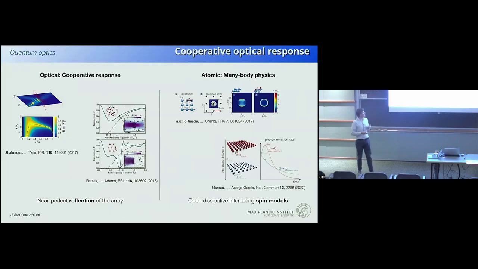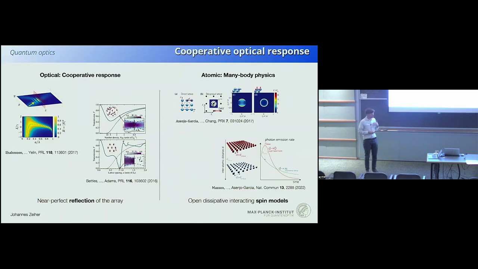Of course, there's also an interesting matter story, and I think this is in particular interesting if you leave the weak excitation regime. In the weak excitation regime, a lot of the calculations that you can do here are classical, but if you leave it and you look at the spin model that is involved here, thinking about the atom as a two-level system, then of course this has very interesting many-body physics, and that's very nice work by Anna from 2017, and also more recent work, for example, looking at fully inverted systems and then looking at the cascade, how these inverted systems can decay, and what is expected is a superradiant burst of the system as it goes from this highly excited state down the ladder.